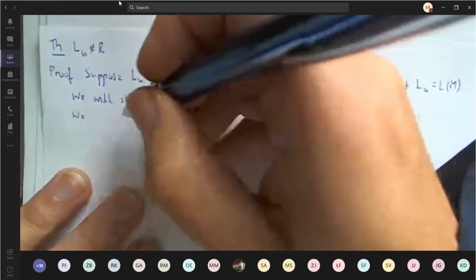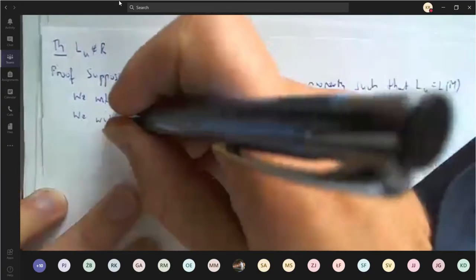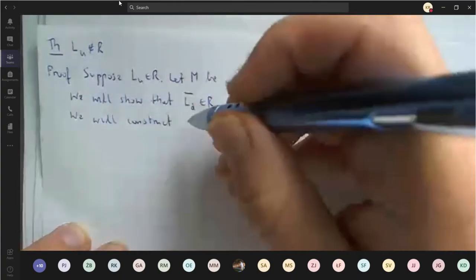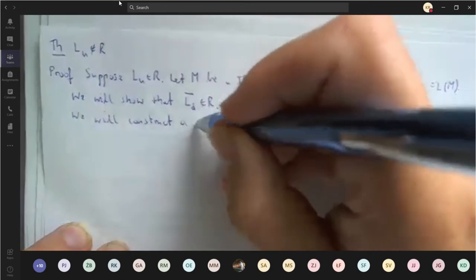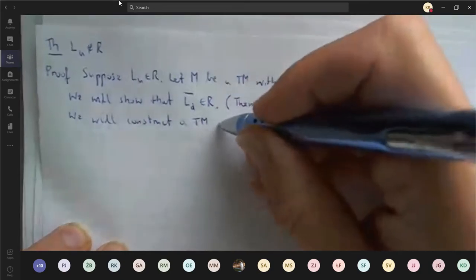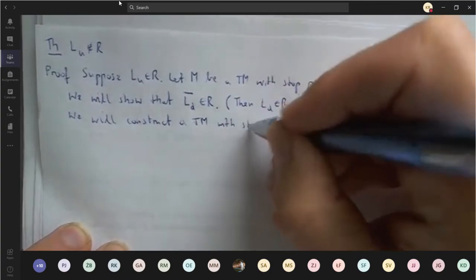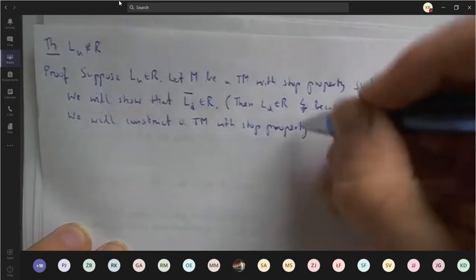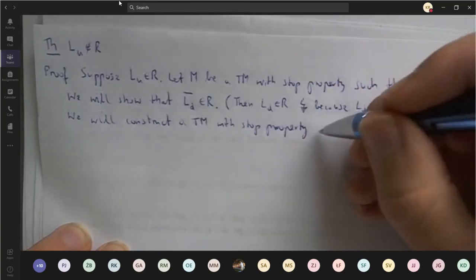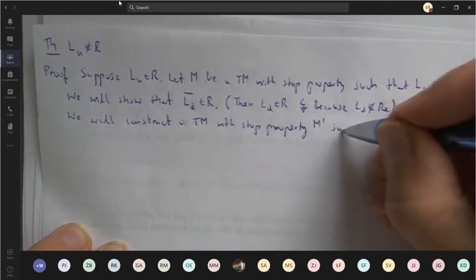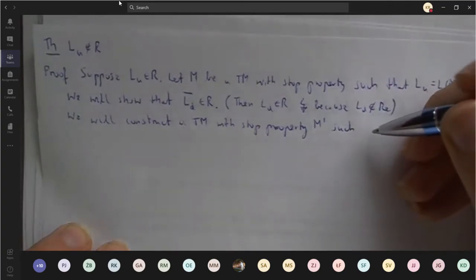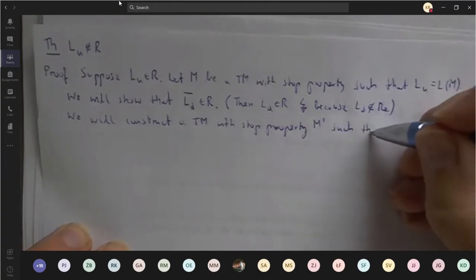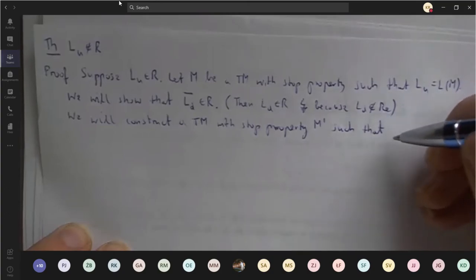We will construct a Turing machine with stop property, I will call it M prime, that accepts the complement of the diagonal language.